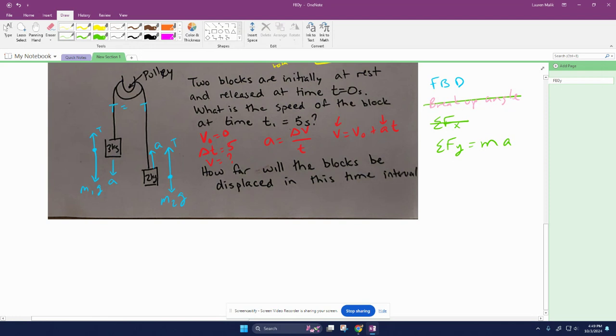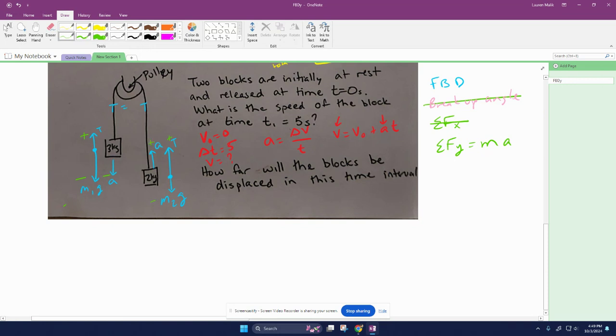We're actually going to make one of these equations for each side. So over on my left side, my net force is tension going up, gravity going down, and the acceleration going down. Okay. So tension going up, gravity going down, and the acceleration going down. On the right side, tension's going up, gravity's going down, and my acceleration is going up.